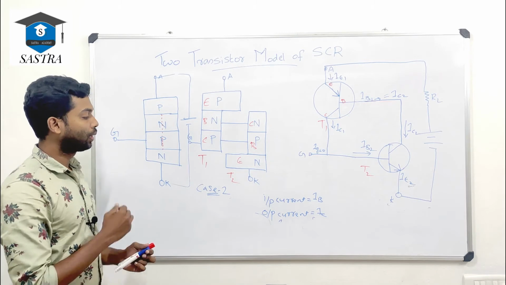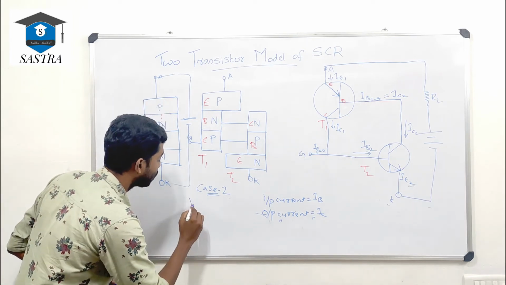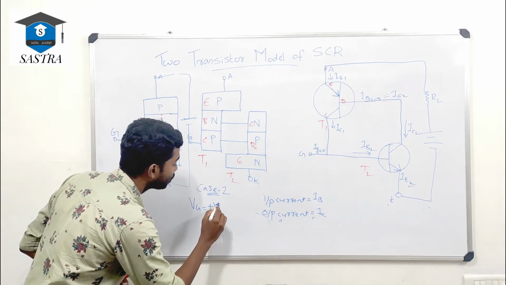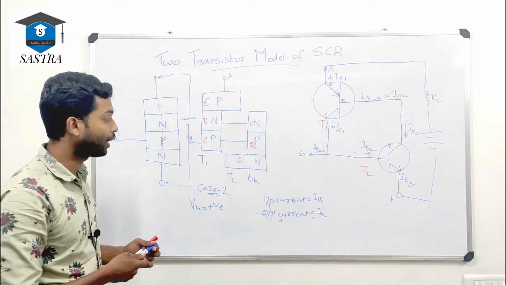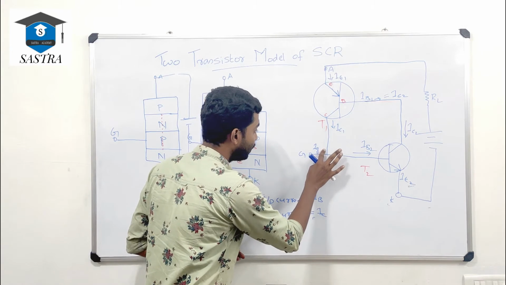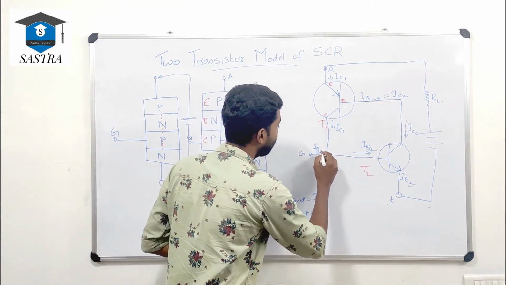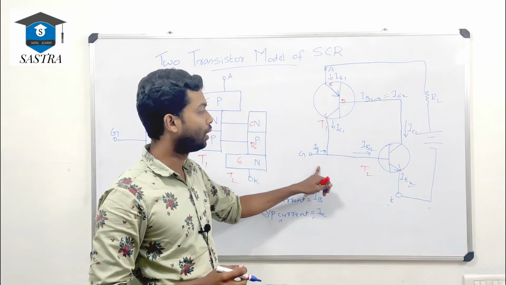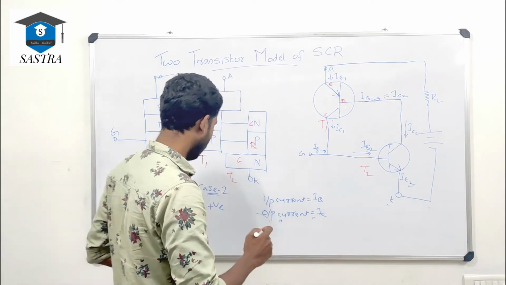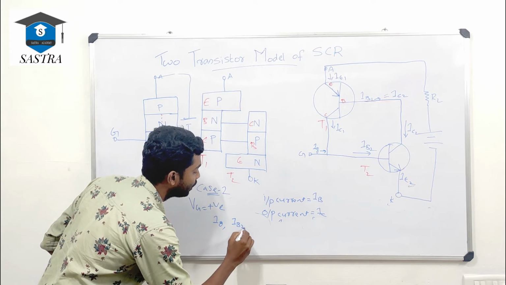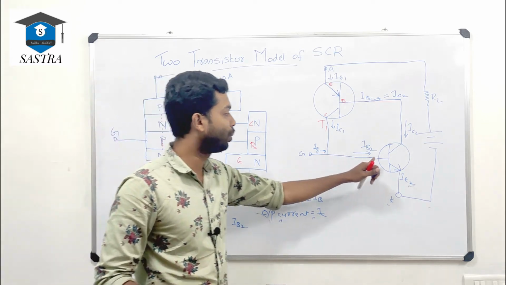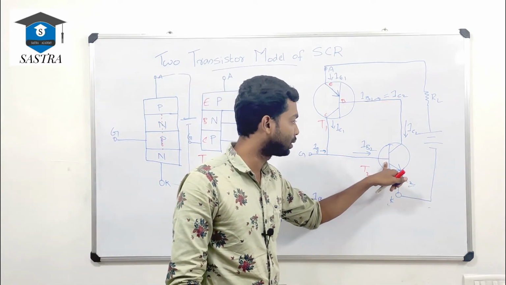Then consider case 2, when the gate voltage is positive. Due to the positive gate voltage, there is a gate current IG. Due to IG, there is a base current IB2. This base current IB2 will turn on the transistor T2.